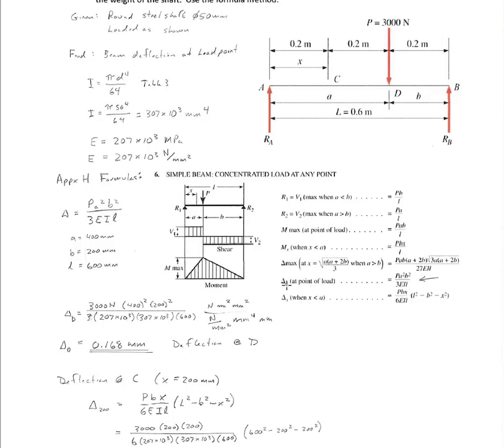The delta is the deflection at the point of the load, which is P A squared times B squared divided by 3 E I L.